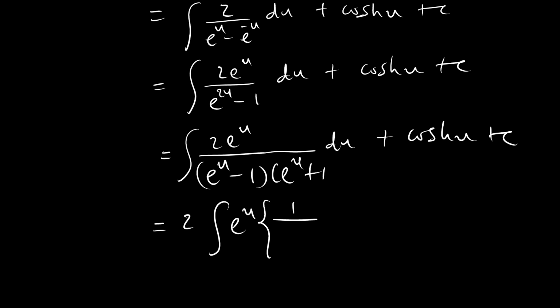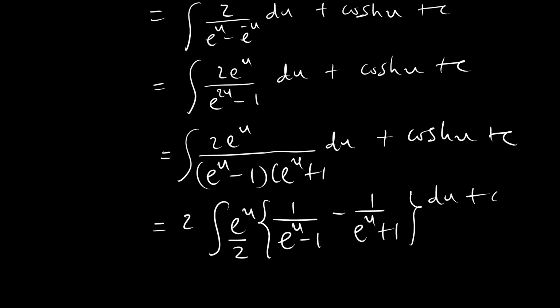So we see we have 1 over e^u minus 1 over e^u plus 1, such that we have 2 remaining in the numerator, and to cancel that we put a half outside, plus cosh u plus c, and these two would cancel out.